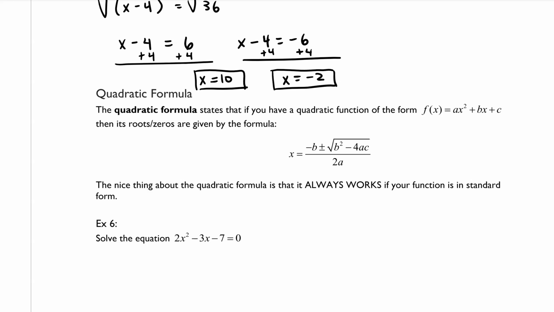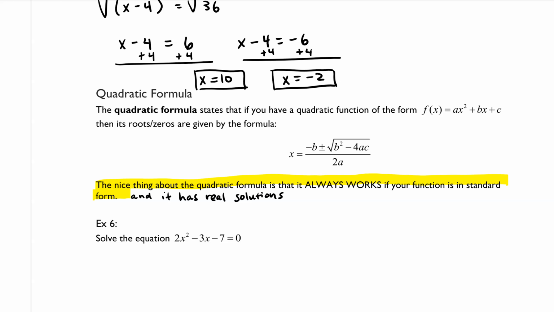But the nice thing, again, let me just reiterate, about the quadratic formula is that it always works if your function is in standard form, and I should probably add, and it has real solutions. Again, sometimes quadratic equations don't have real solutions, so the quadratic formula will not work in those cases, but in all the other cases, the quadratic formula will always work.